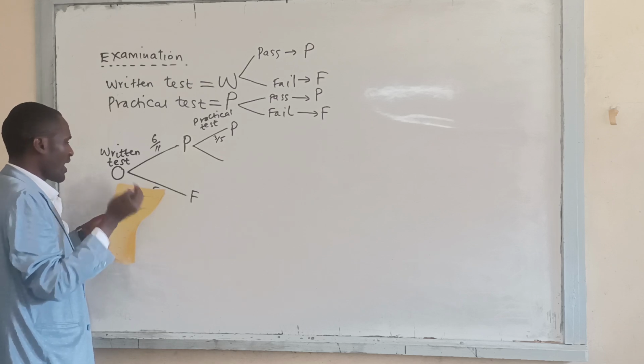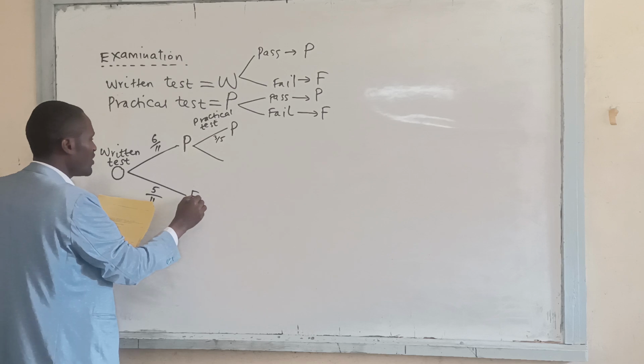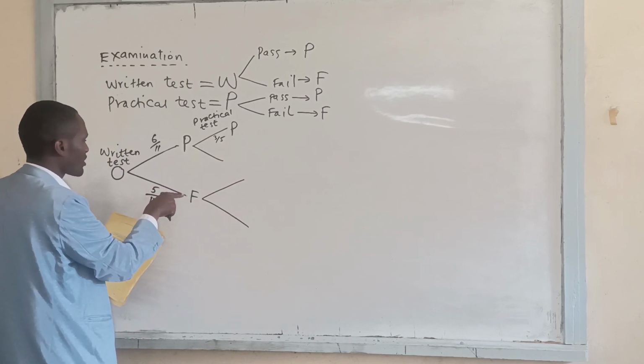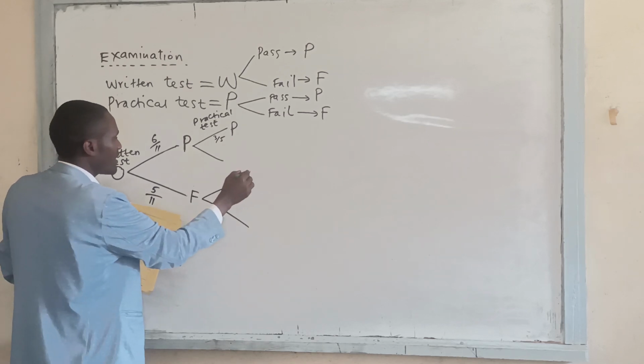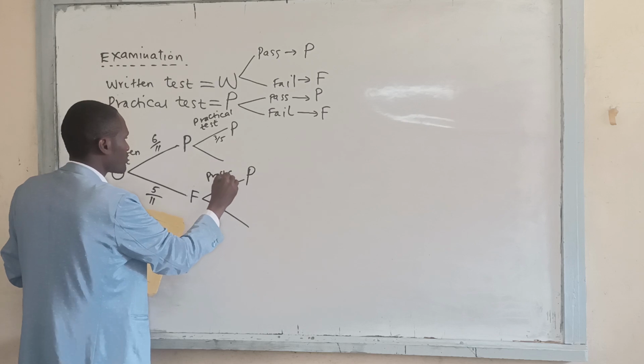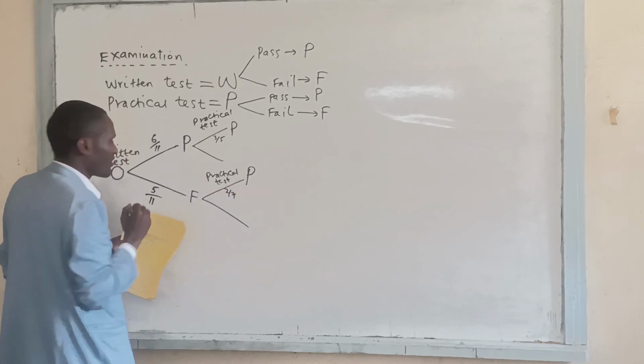But I've said otherwise it would be 2 over 7. That means if I fail the written test and I pass the practical test, then I'm going to have here 2 over 7.